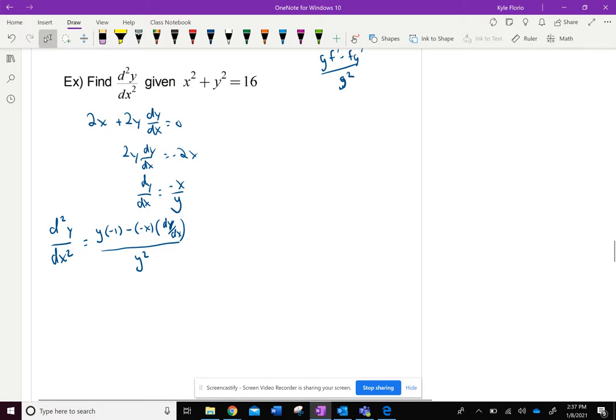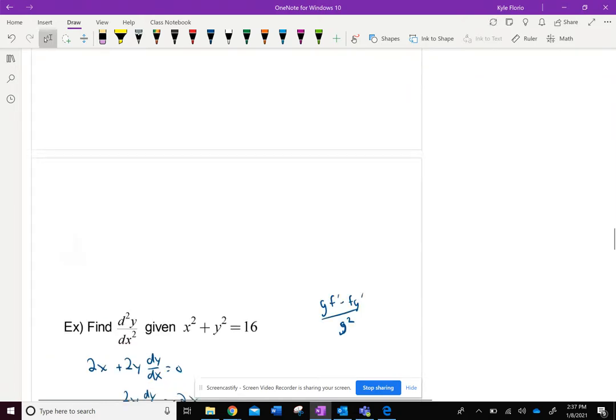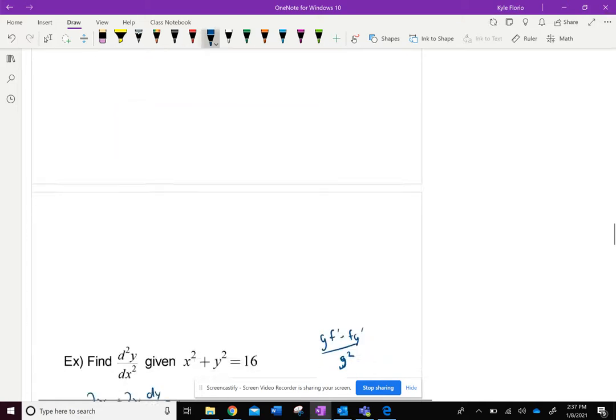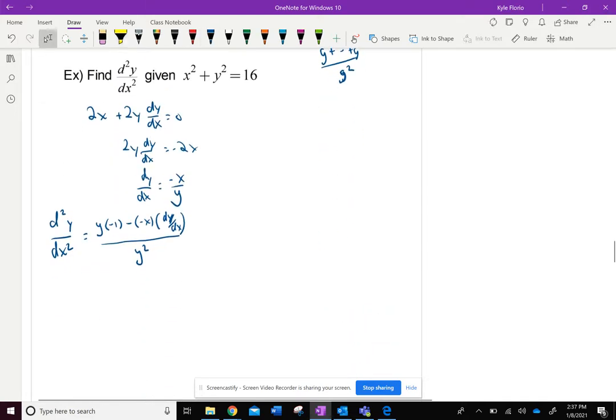Okay, so once we do that, the next step is to substitute dy dx in. So this is where I say our answer for part 1 we're going to substitute in. So we're going to take this piece right here, this is dy dx, and replace that dy dx with negative x over y. So y times negative 1 is negative y.